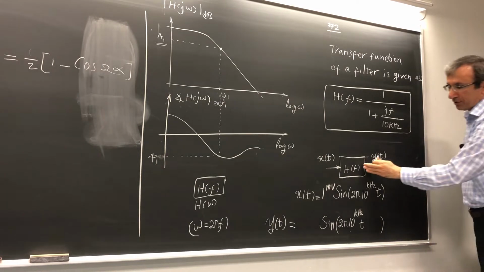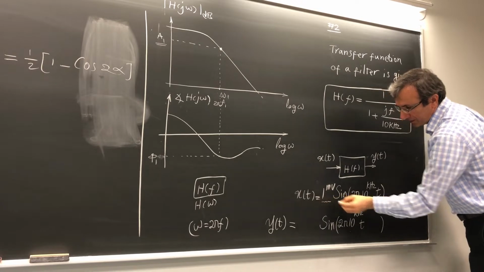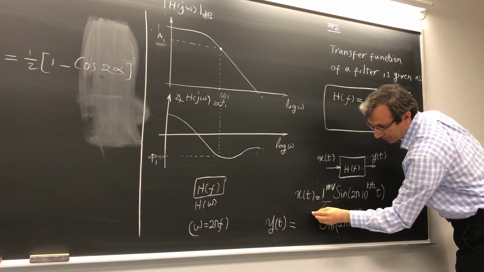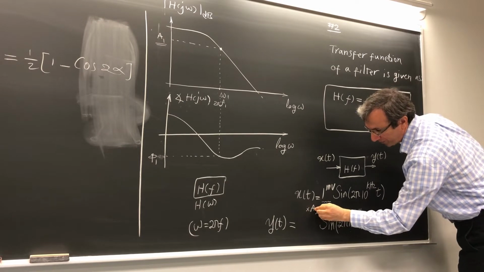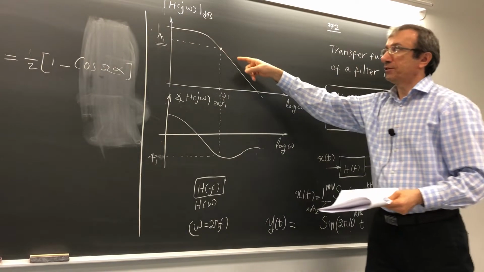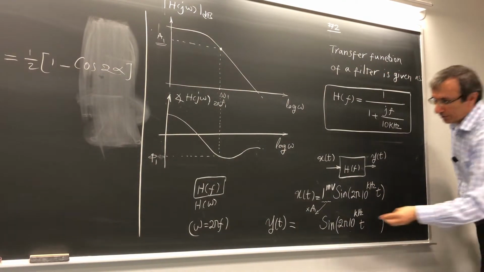The effect of the transfer function on the amplitude of the signal would be multiplication by the magnitude of the transfer function at that frequency, that is A1.